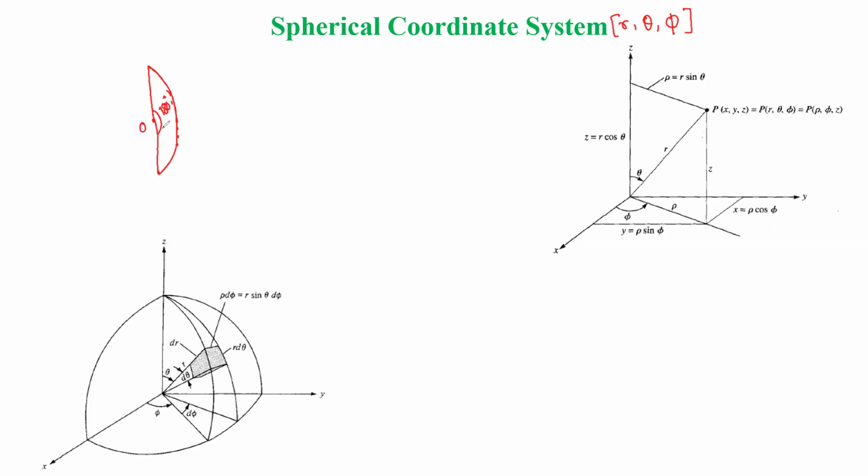180 degrees. Okay. And now you rotate this semicircle like a bow, and finally it will form the sphere. That rotation is going to give us the angle phi.